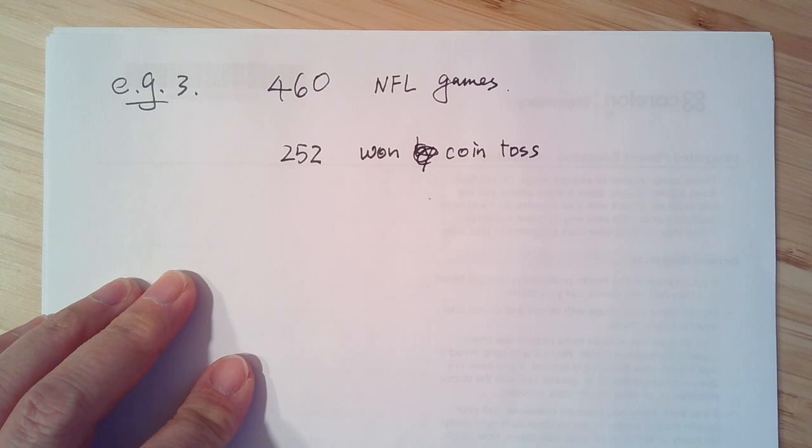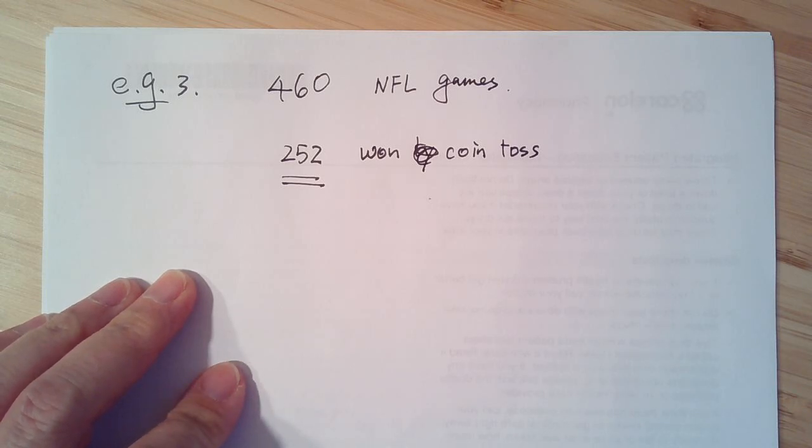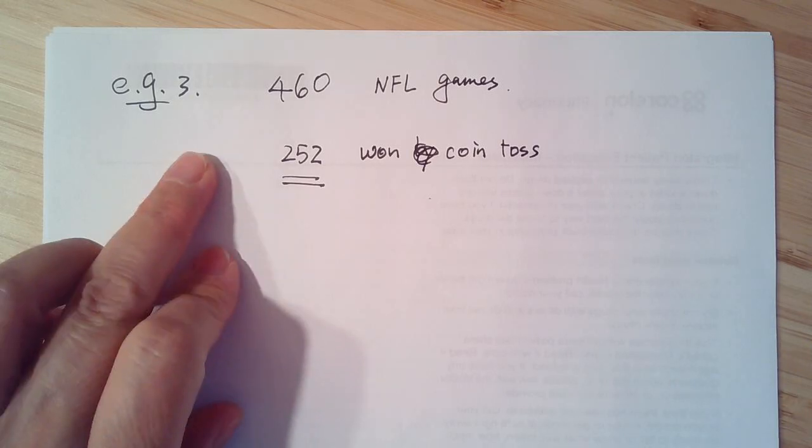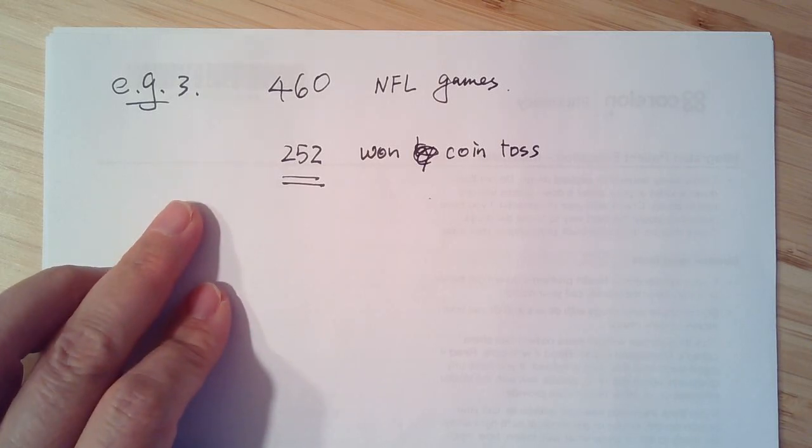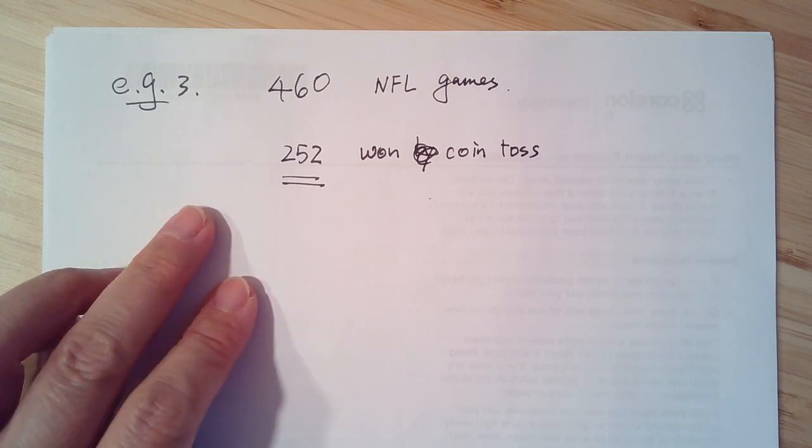Is this number significantly high? Is the result of 252 wins in the 460 games equivalent to random chance, or is this significantly high? If it is significantly high, then it's not equivalent to random chance.